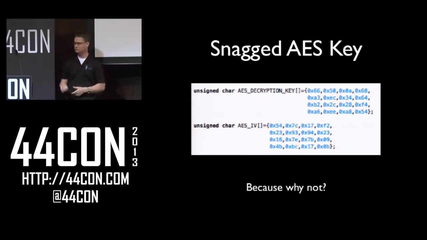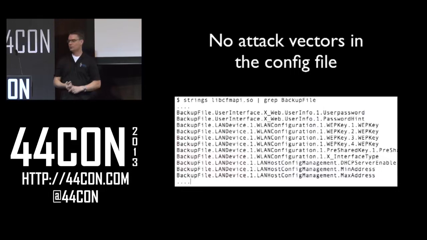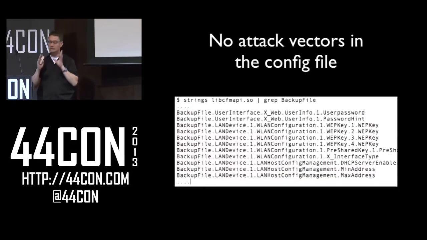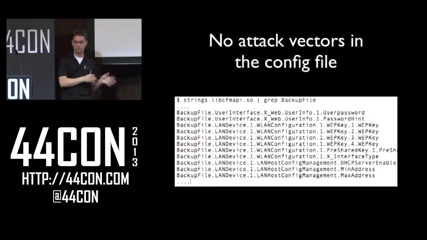Okay, so with the configuration file decrypted, I was able to do some strings and look at the XML elements that were in the configuration file and do some strings analysis on the configuration import-export library, and so kind of infer the XML schema that the configuration file should conform to.